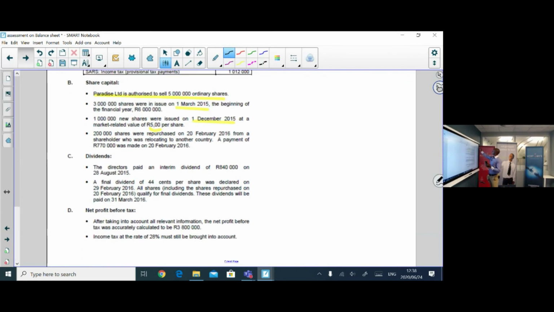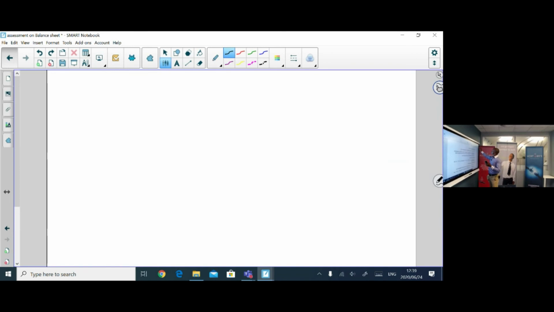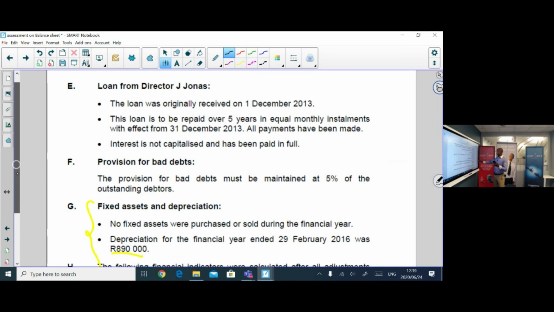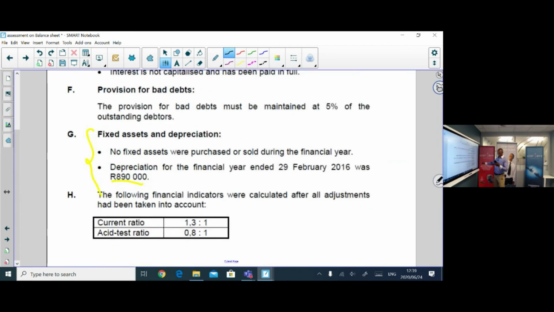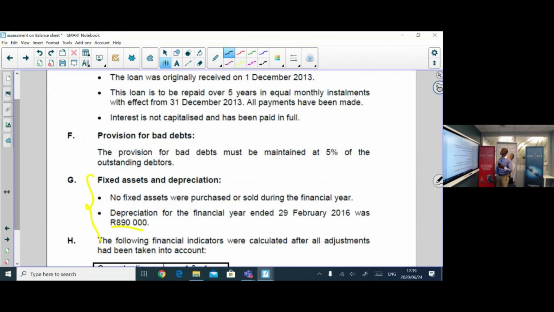Let's check the next slide: interest paid, provision for bad debt, interest and capital monthly.